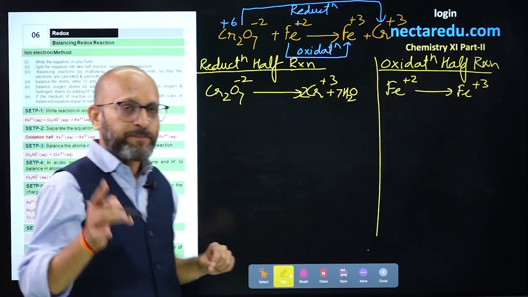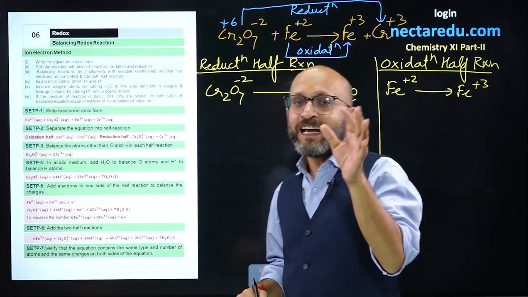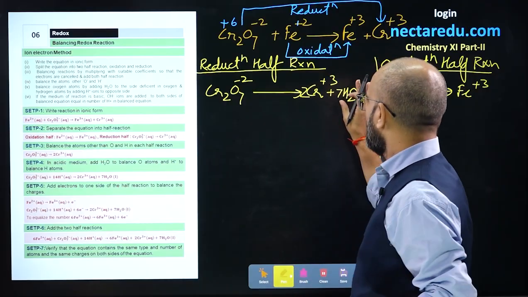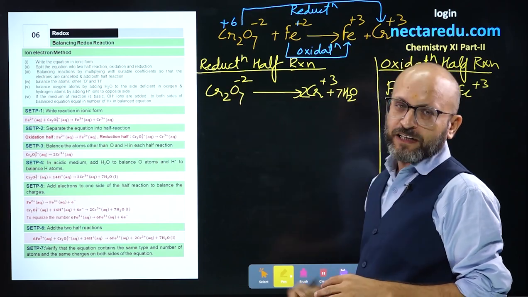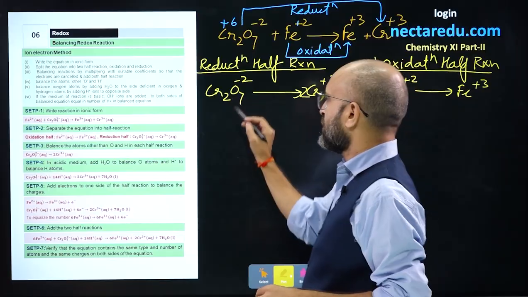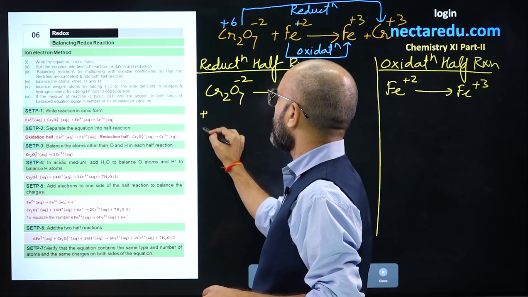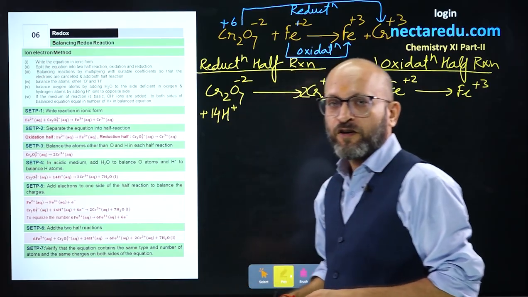Now next step is balance hydrogen atoms by adding H+. So we can observe we have 14 hydrogen atoms this side and no hydrogen atom that side. So we will add 14 H+ on the side which has less number of hydrogen atoms. So we have added 14 H+ out here. Alright.